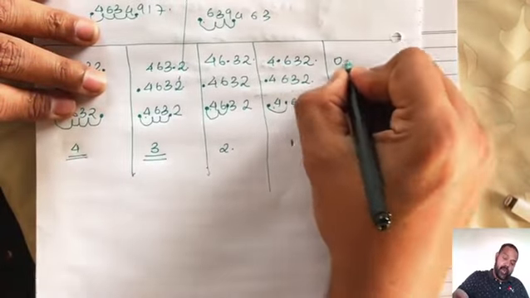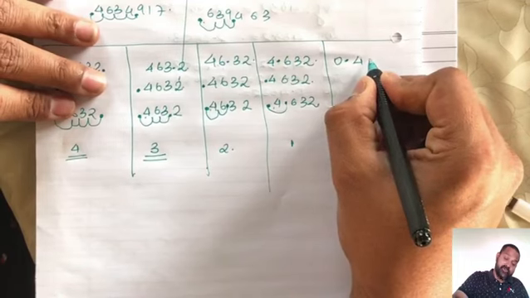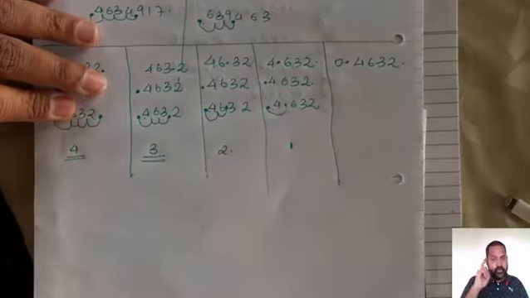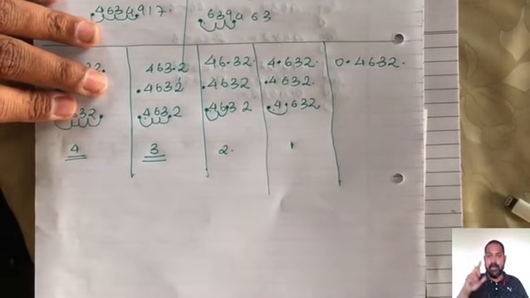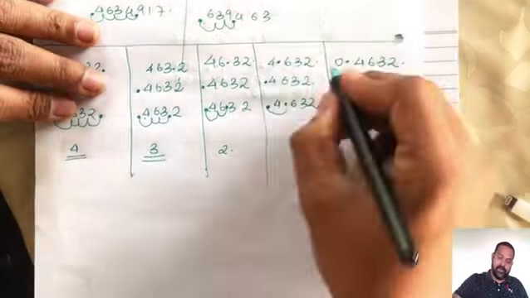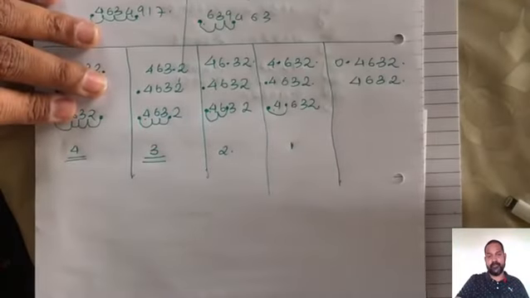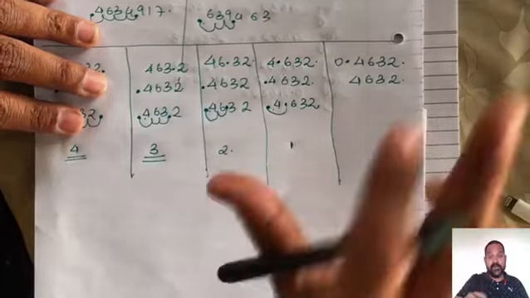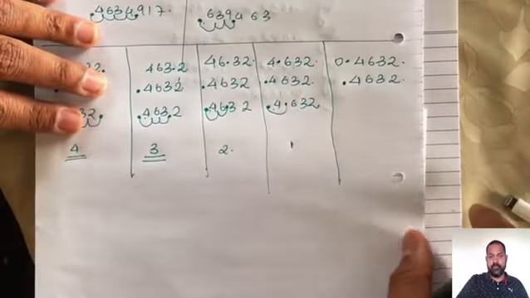Now when I ask you how many places before the decimal in 0.4632, you will stick to the same logic that I told you. Write the number without the decimal. Without the decimal, the number is 4632. Put the decimal to the leftmost. Combine the two.